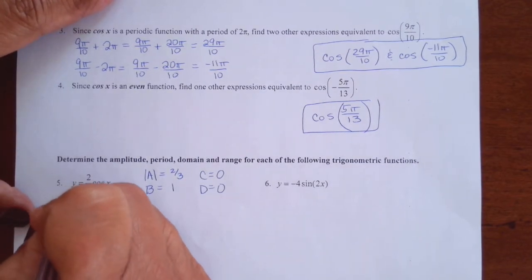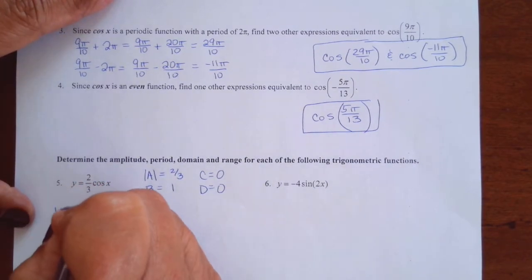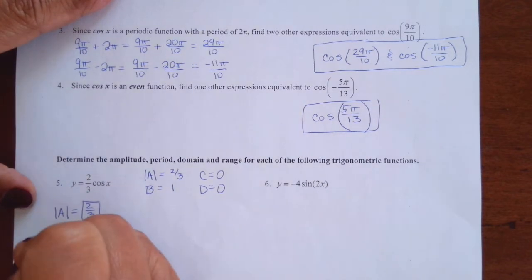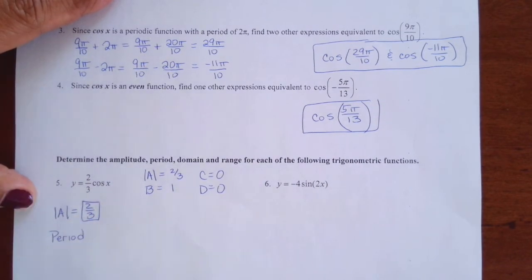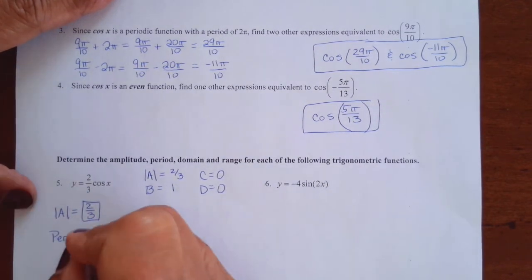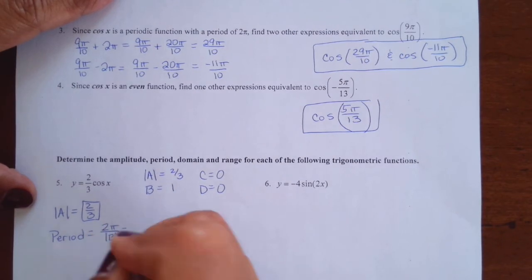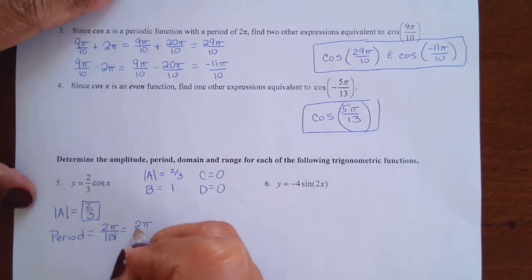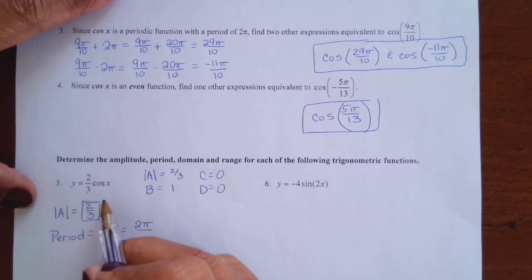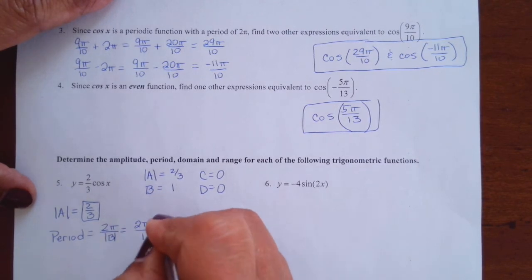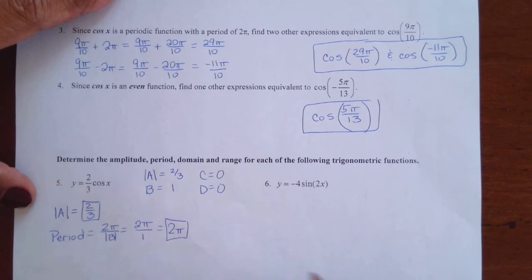Amplitude is the absolute value of A, which we just said was 2/3. Okay? The period is 2 pi divided by the absolute value of B. So that would be 2 pi divided by 1, right? That's already positive. So the period is 2 pi. The domain for any sine or cosine function is all real numbers.